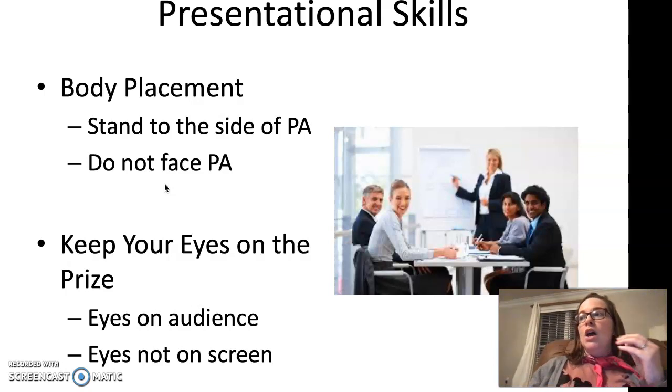And so the purpose of your speech is to build and maintain a relationship, no matter which type of speech it is. And if you aren't making eye contact with your audience, it's going to be really hard to build and maintain that relationship. So make sure that you're facing and making eye contact with your audience, and not reading things off of the screen.